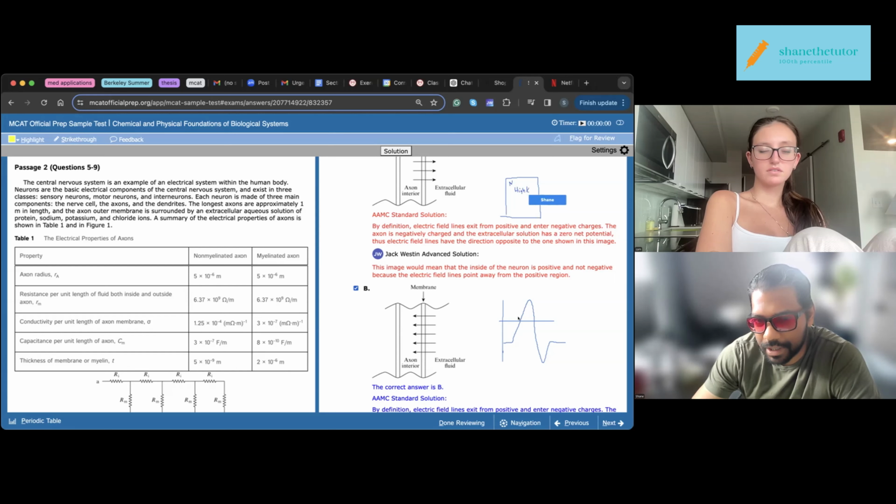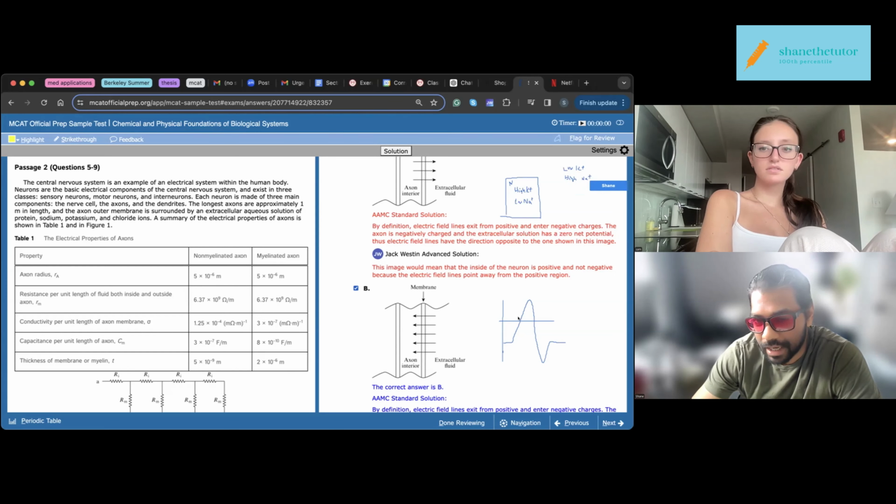high potassium concentration relative to the outside, and low sodium ion concentration compared to the outside, where outside it's low potassium, high sodium.